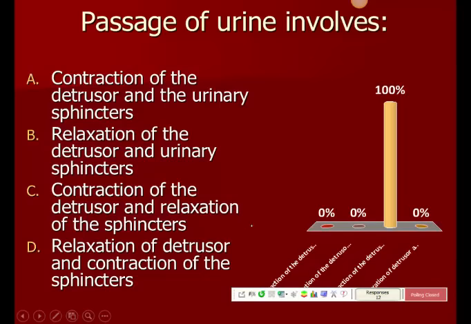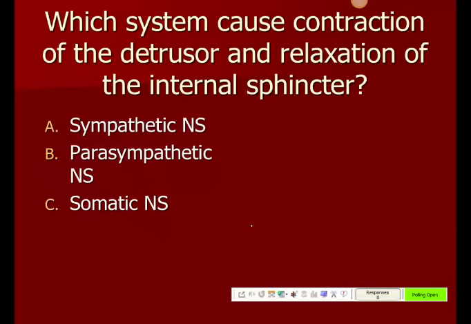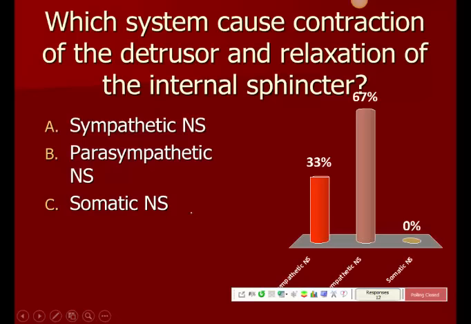Contraction of the muscle and relaxation of the sphincters. Parasympathetic. Sympathetic causes contraction of the internal sphincter and relaxation of the muscle. And somatic is external, because that external sphincter is skeletal muscle.